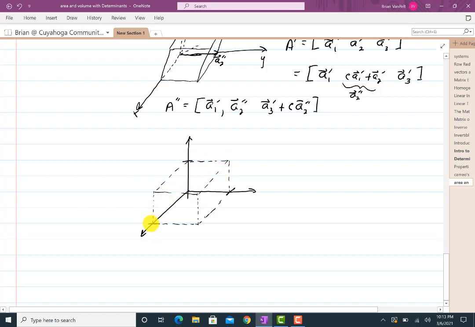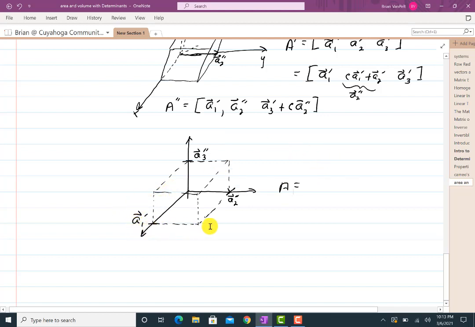By the time you get here, this is A1 prime. A1 was not affected by that last thing. Then we had an A2 double prime, and let's call this A3 double prime. What's going to happen at the end is that these vectors have only one component.